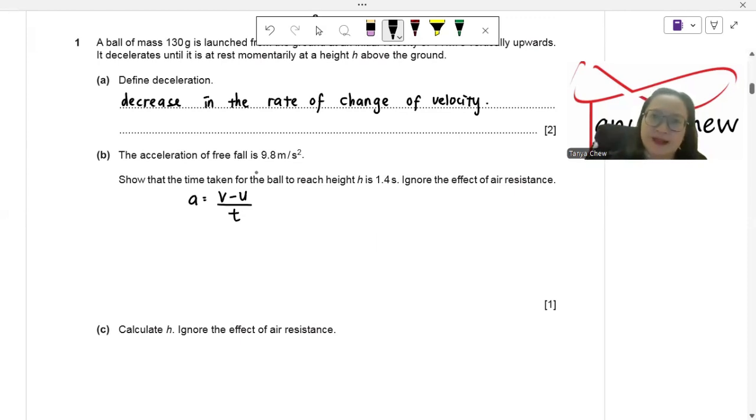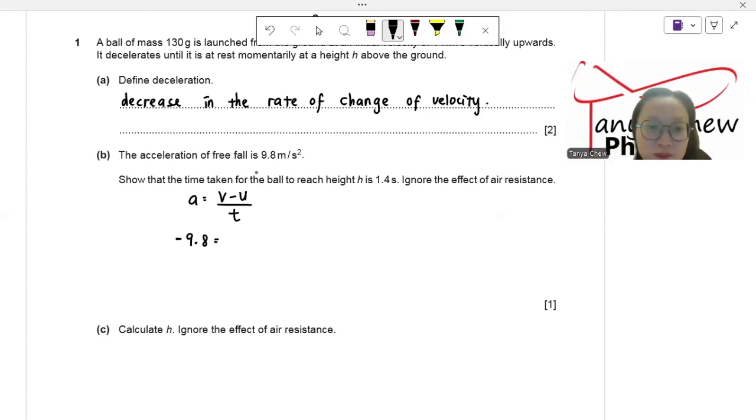What does the v represent? So v represents the final velocity. u represents the initial velocity and t represents the time. So since this is about deceleration, I have to put a negative to my acceleration. And then the ball, remember they talk about the ball reaching the height h and then stopping, right?